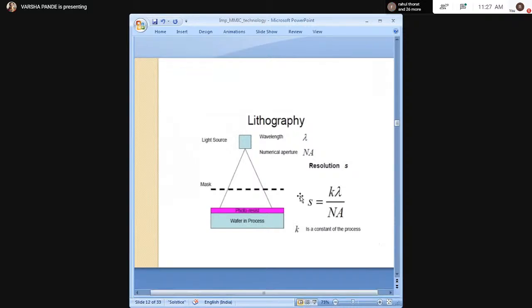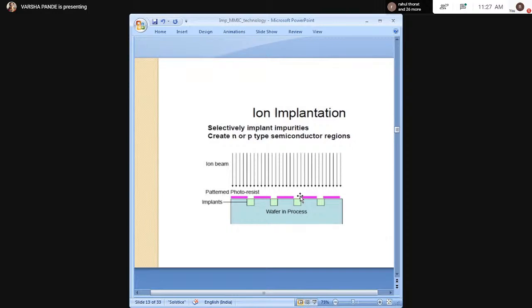Then ion implantation is required, because selectively so many times we have to implant a particular material in a particular region, and the other area should be protected. The other area will be protected by using a photoresist mask, and where the windows are open, only through those windows the particular implantation is done by the ion implantation process.